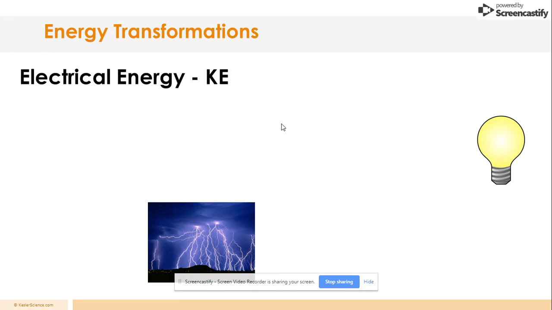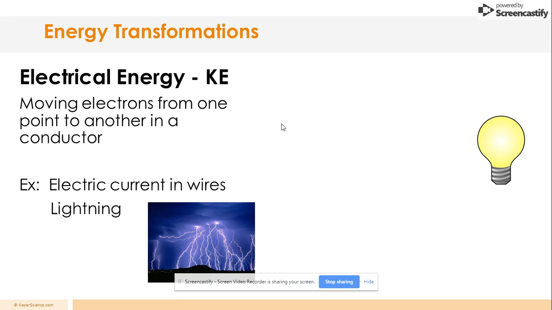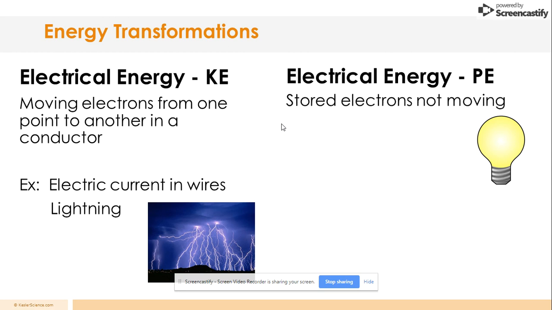Electrical energy is kinetic energy because electrons are moving from one point to another point inside what we call a conductor. So for example, the electric current in wires, lightning, and electrical energy also has potential energy, which is stored electrons that are not yet moving.